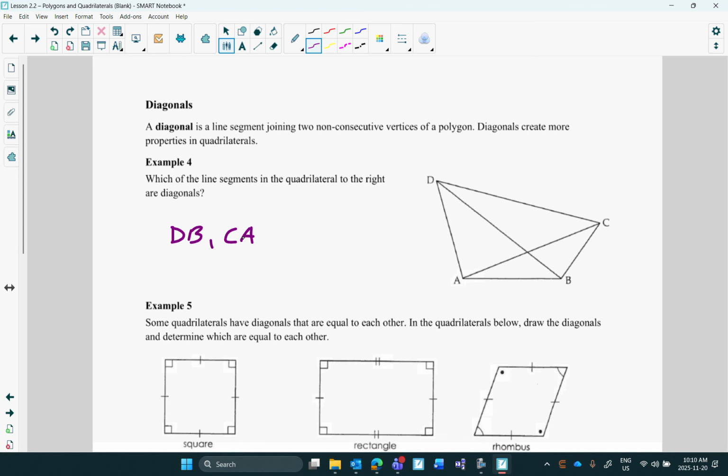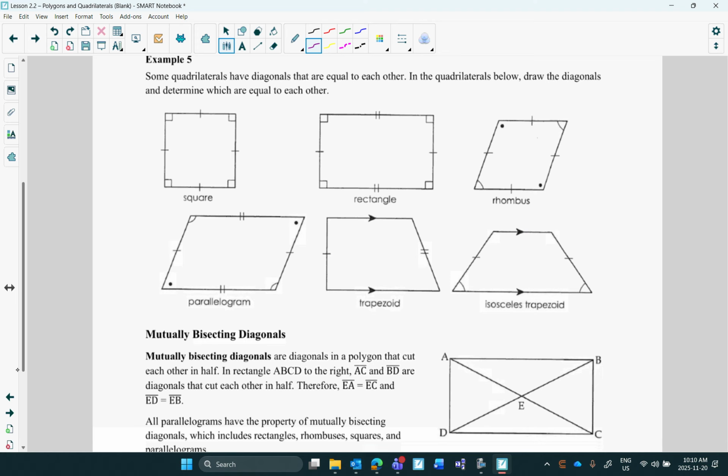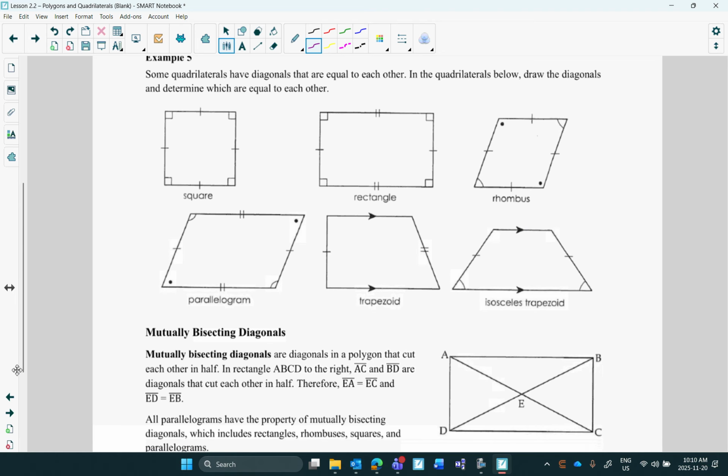So let's revisit the special types of quadrilaterals and draw diagonals and see how they relate to each other. If I draw a square, the diagonals in the square, equal or no? Yep.